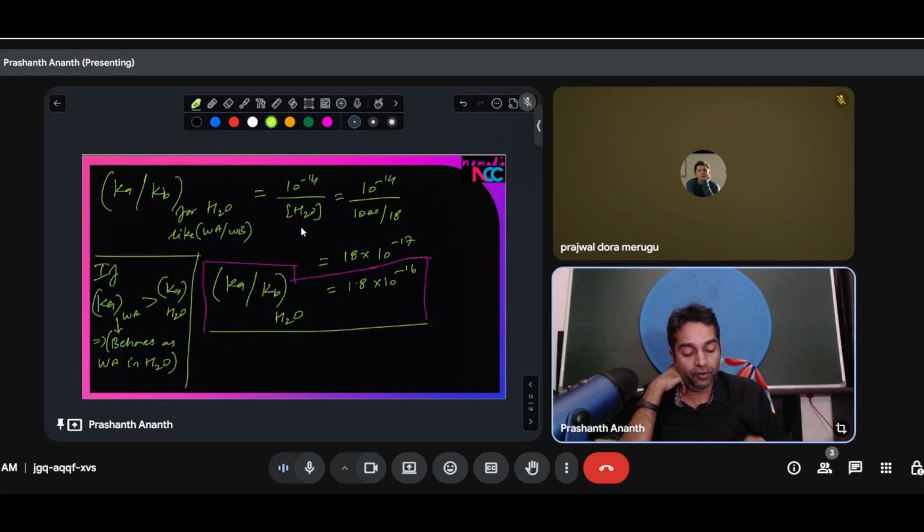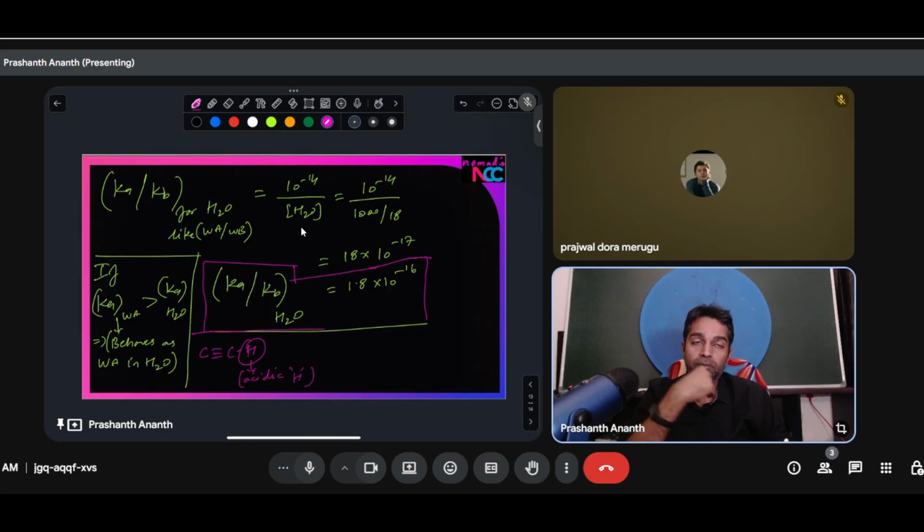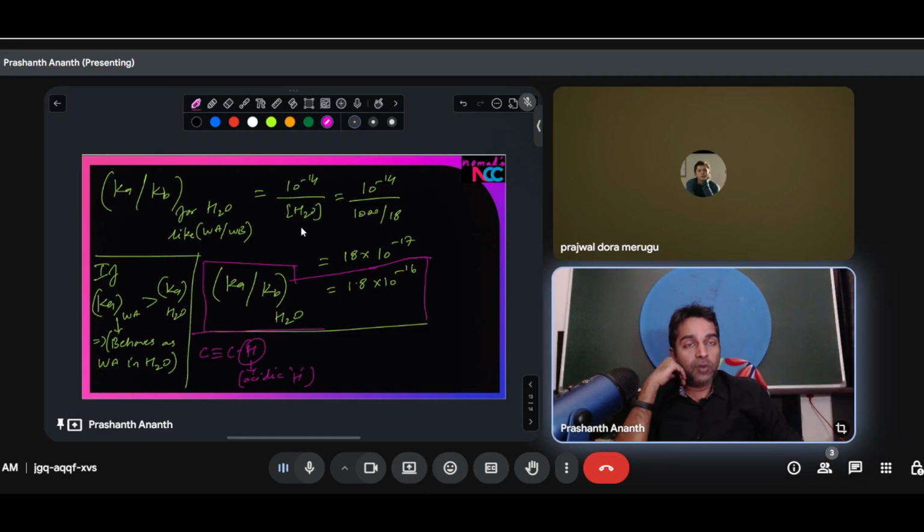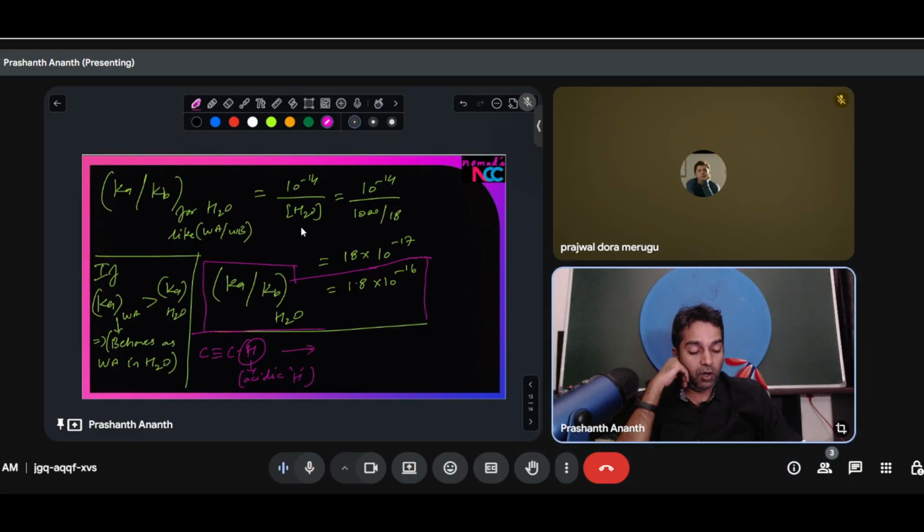As simple as that. For instance, in organic chemistry, you have learnt about how acetylene has an acidic hydrogen, correct? You are familiar with this? Yes, you remember this properly? Yes, sir. Okay, cool. All right. So this is an acidic hydrogen now. This hydrogen will also have a Ka.